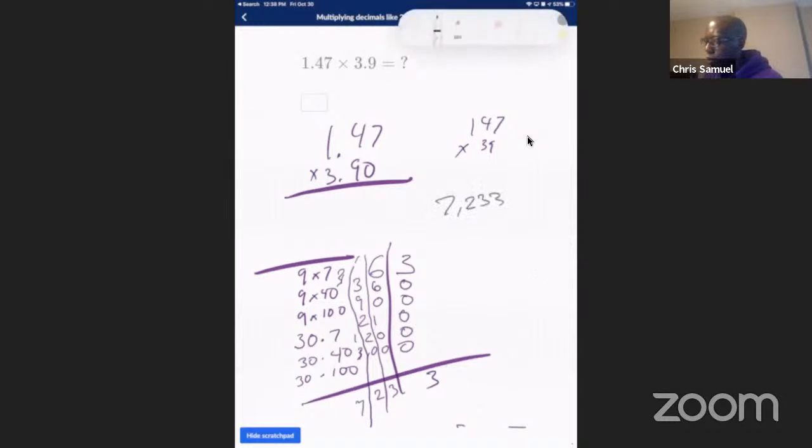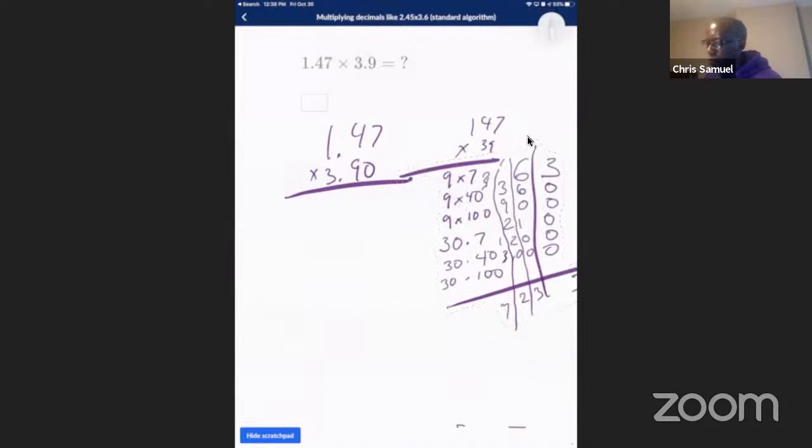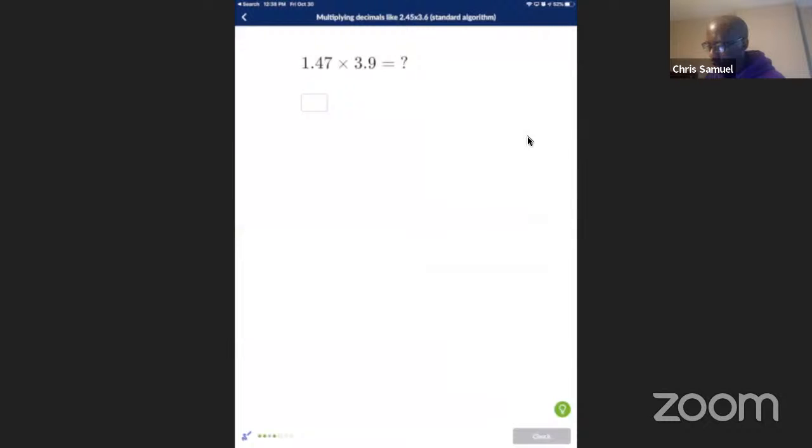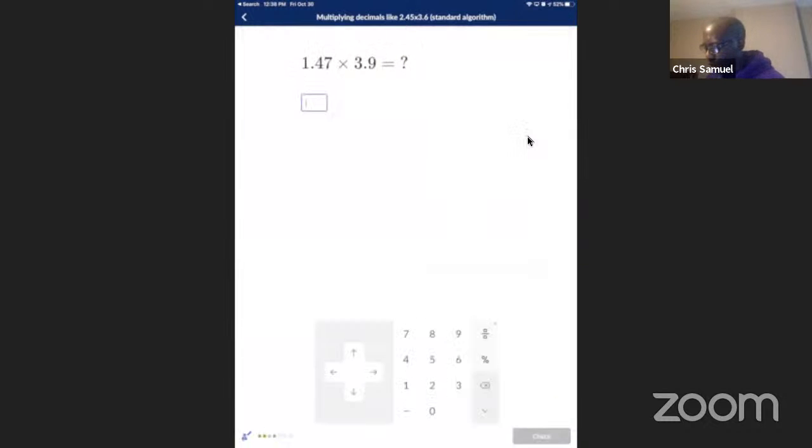All right, so let me go ahead and erase this. I'm gonna grab this whole thing. And just for simplistic sake, I'm gonna do that. And since we have 7,233, we're behind 2 decimal places. We go 1, 2. So it's 72.33.